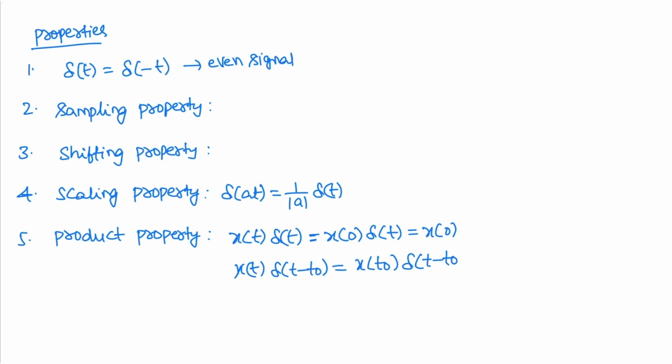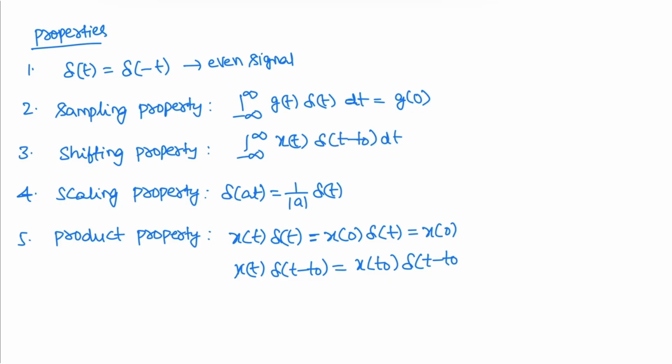The sampling property is integral from minus infinity to infinity of some function g of t times delta of t equals g of 0. The shifting property is integral from minus infinity to infinity of x of t delta of t minus t naught dt equals x of t naught.